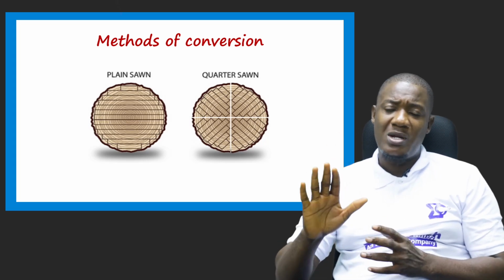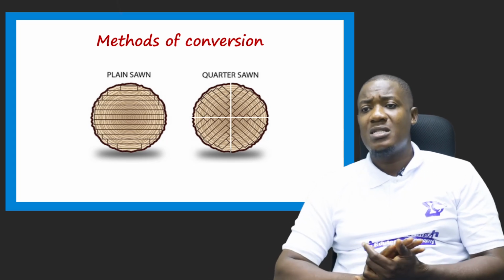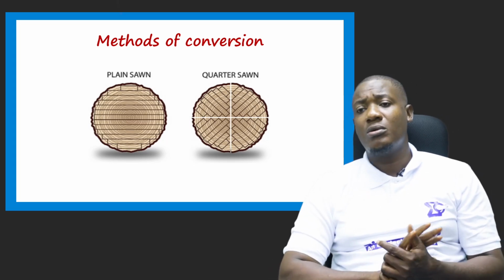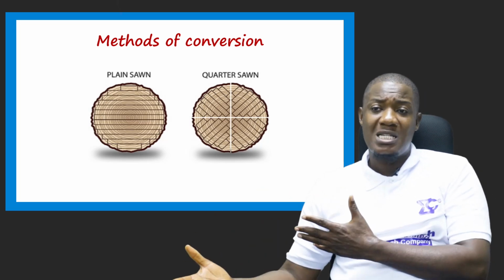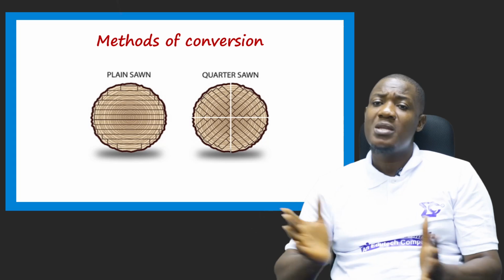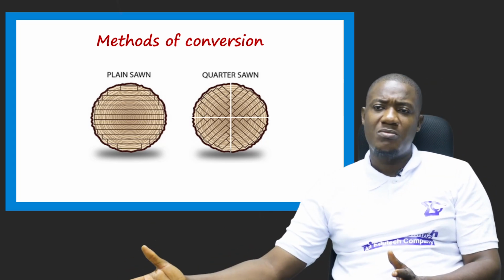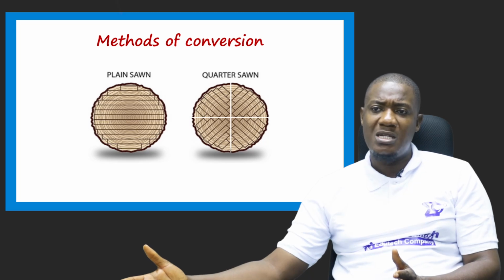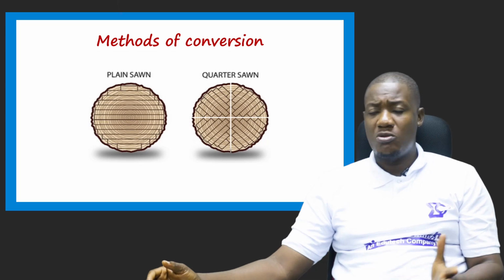The advantage this one has over the plain sawn method is that it produces a very fine timber for furniture. When you compare planks produced from the quarter sawn method and the plain sawn method, this one has more aesthetic value.